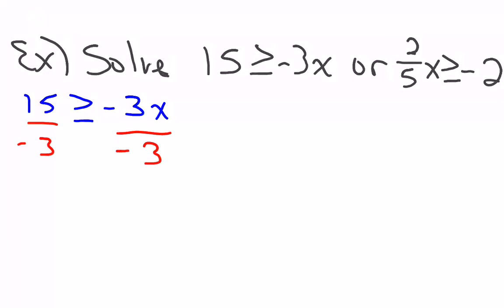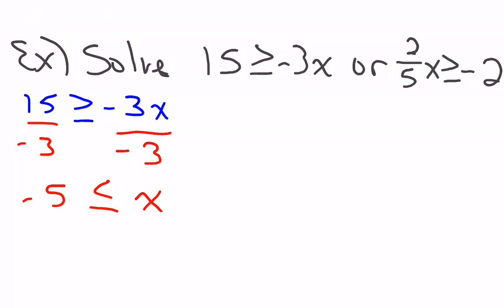Divide or multiply by a negative should tip off our little radar. On this side we get x, on this side we get negative 5, but because we divided by a negative, our sign flips directions. That's the only difference in this case.